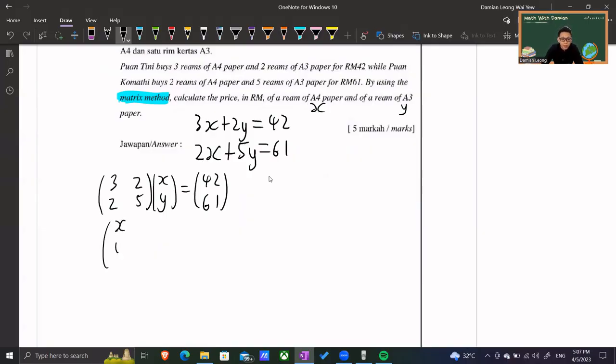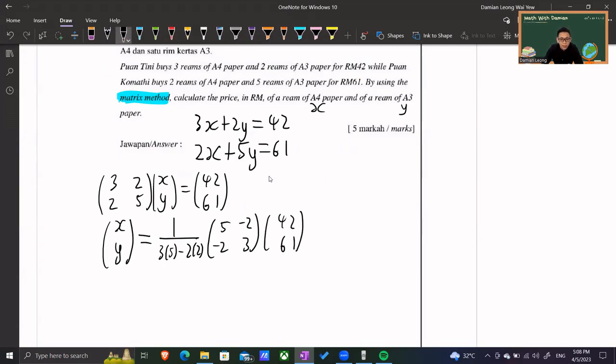Multiply on the left side, you will be left with [x; y]. Multiply on the right side, 1 over AD, 3 times 5 minus BC, 2 times 2. Switch A and D, negative B and C. Multiplied by [42; 61]. So this is 1 over 15 minus 4, 11.